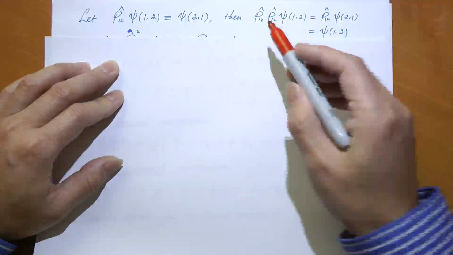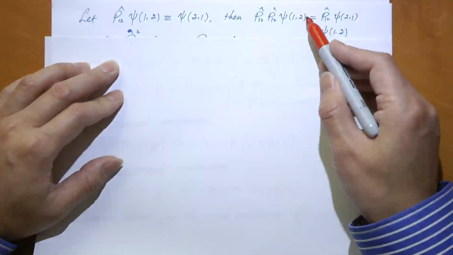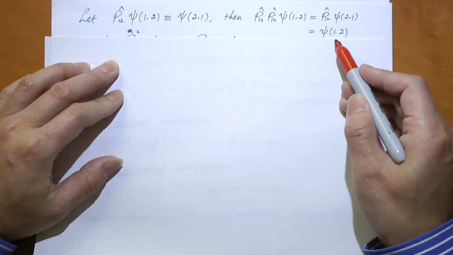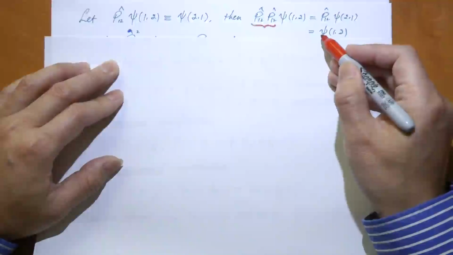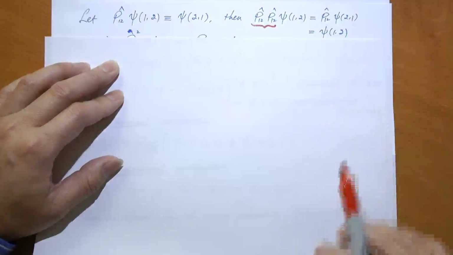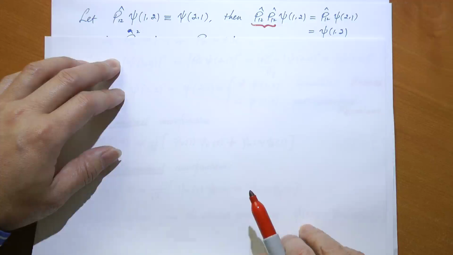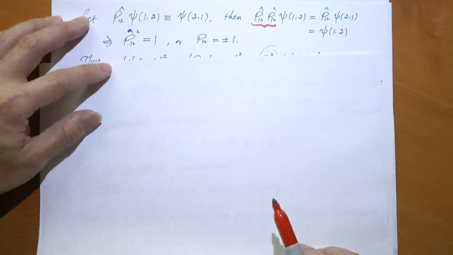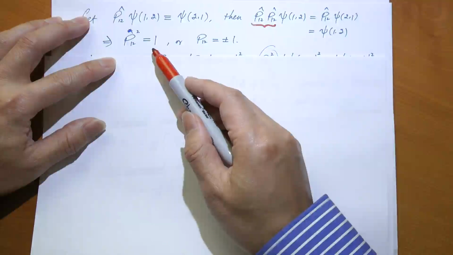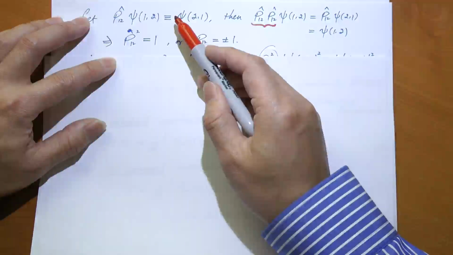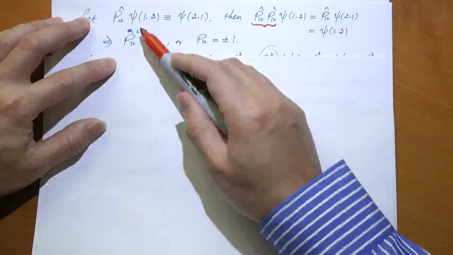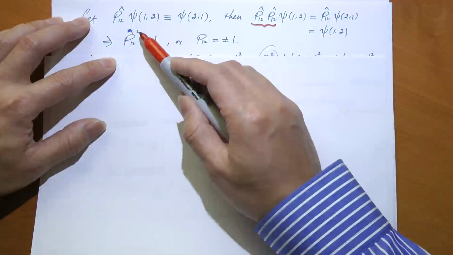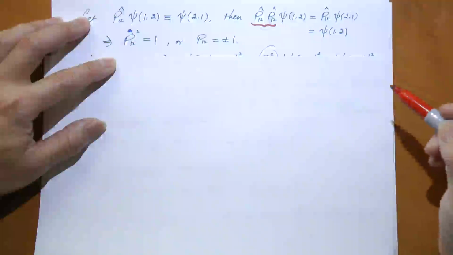So if you apply this operator twice on the same wave function, the wave function returns to itself, because psi12 again becomes psi12. So this operator squared has a simple value of 1. Any wave function psi12 must be an eigenfunction of this operator P12 squared, and that eigenvalue is 1.